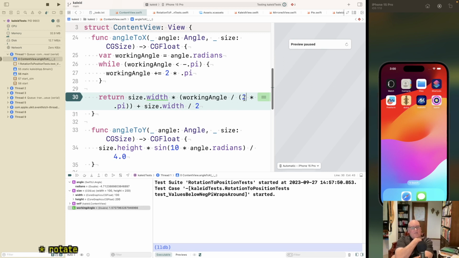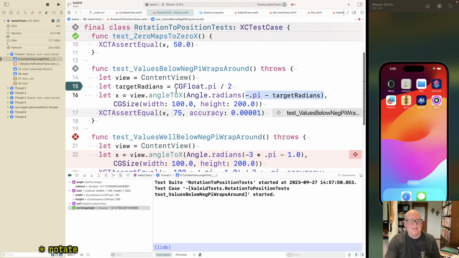Well, I don't know. Pi over 2 divided by pi is a half. That does seem like a better answer. It's a half plus a half, but that's still not right. Okay. So my tests are not helping me right enough. Maybe I'm starting from too much.